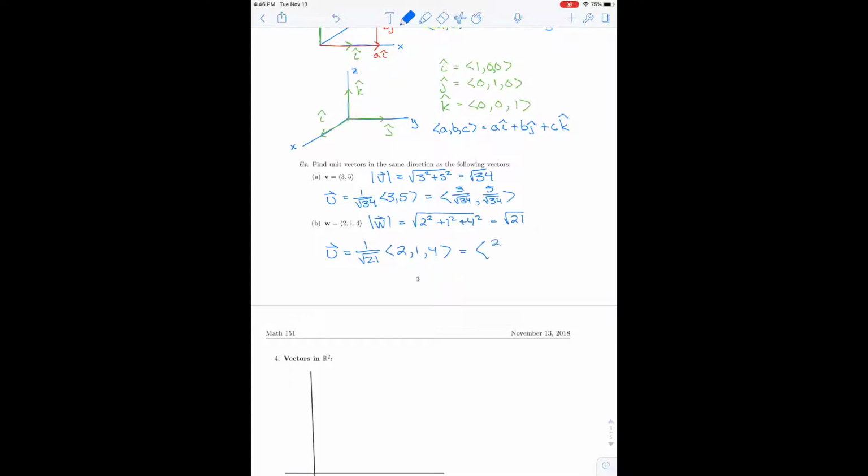Or we can write that as 2 over the square root of 21, 1 over the square root of 21, 4 over the square root of 21. And again, you can verify that the length of that vector is 1 by using the distance formula or the formula for the magnitude of a vector.